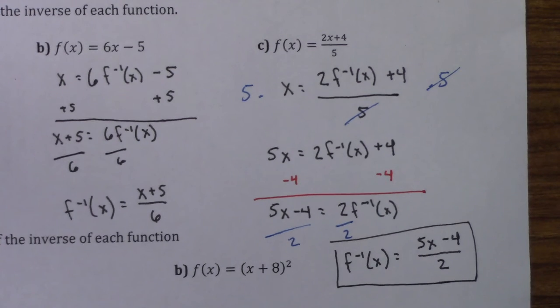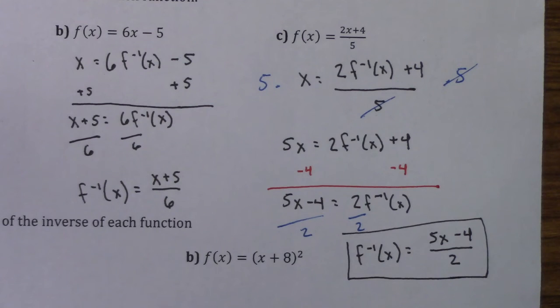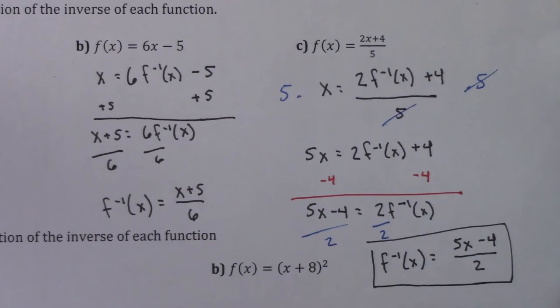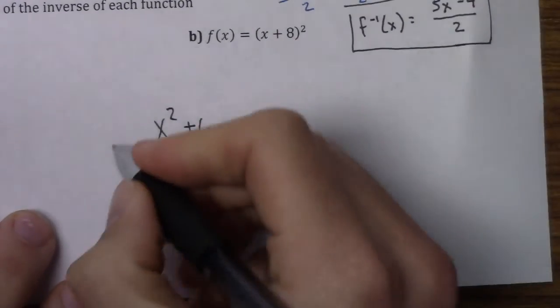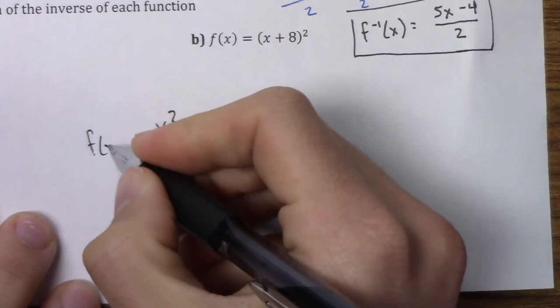The only other thing I'm going to mention right now, we're not going to do a whole problem of this, but I want to go ahead and mention it, is suppose I gave you a quadratic. And with that quadratic, we were asked to find the inverse.